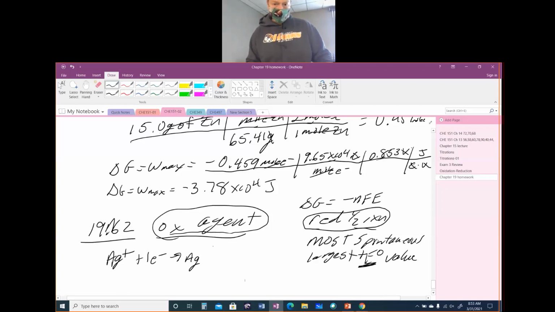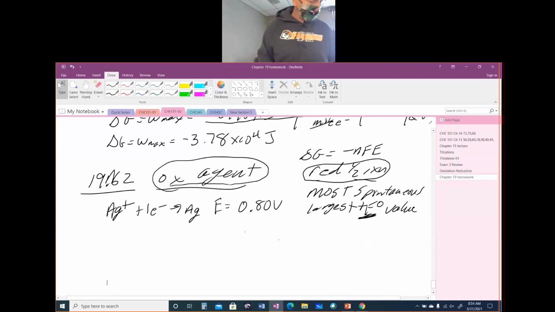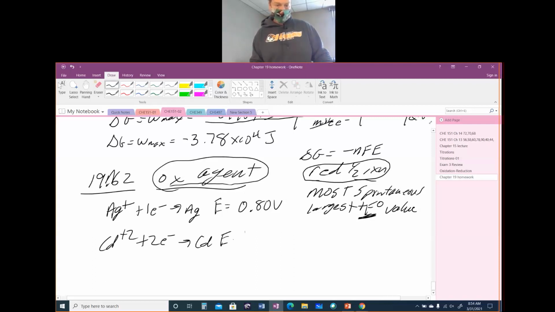All right, the E value off table 19.1, 0.80 volts. So that is spontaneous. Is it the most spontaneous? Well, we're going to find out. The next one is cadmium. Off of your table 19.1, that has an E value of negative 0.4 volts. That one is non-spontaneous, so right now Ag plus is the winner.